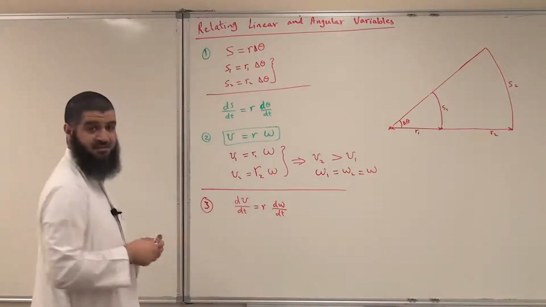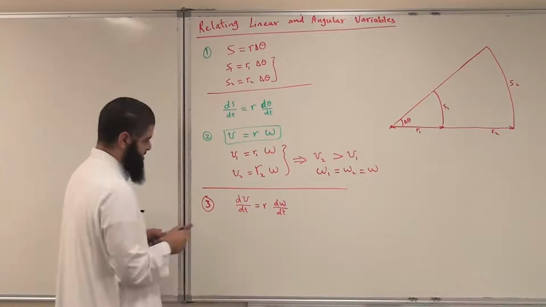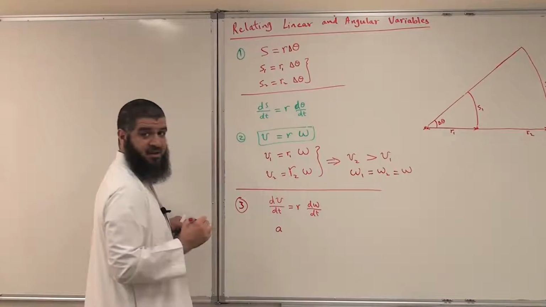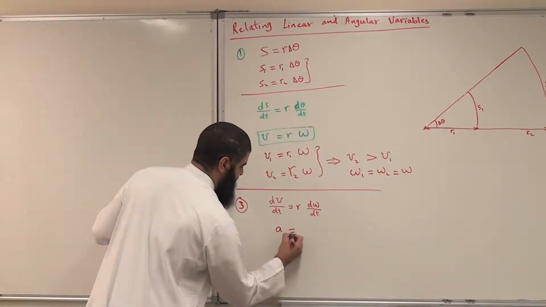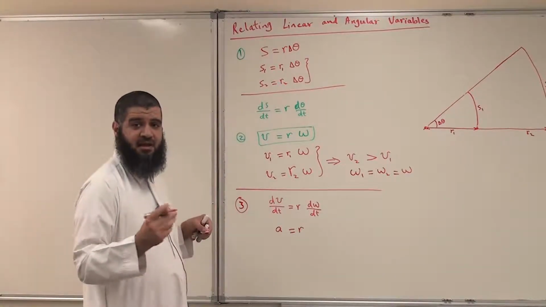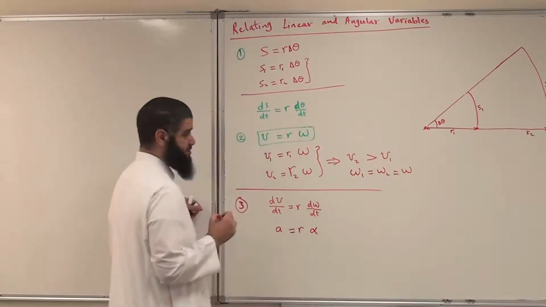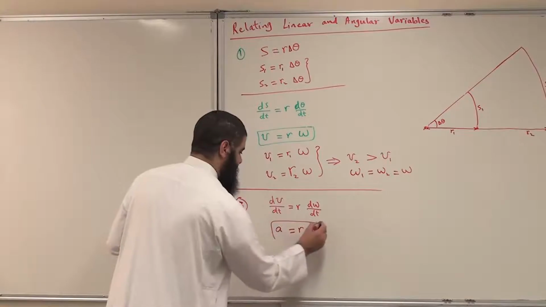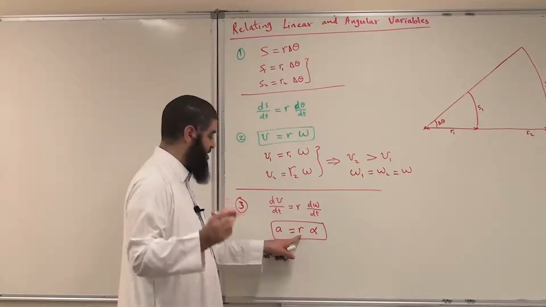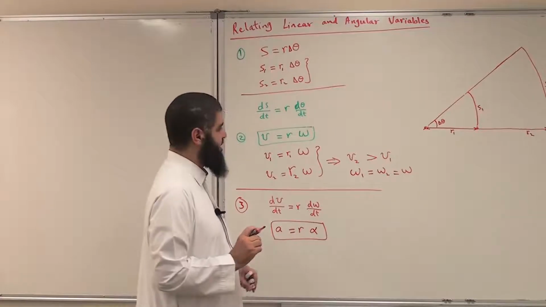What is dv by dt from linear motion or translational motion, which we have seen in the previous chapters? This is nothing but a, the linear acceleration. And that is equal to r multiplied by d omega by dt, and you have seen this at the beginning of this chapter. This is nothing but alpha. So we say that the linear acceleration equals r, how far your point is from the axis of rotation, multiplied by alpha, which is the angular acceleration.